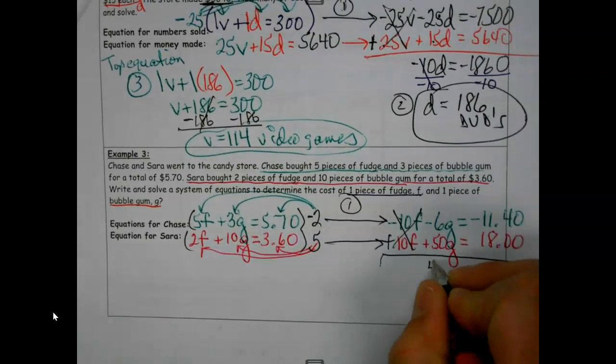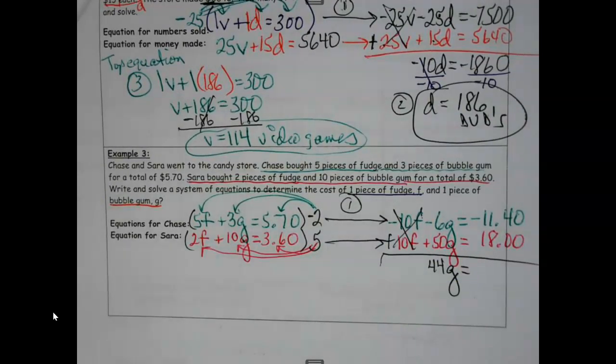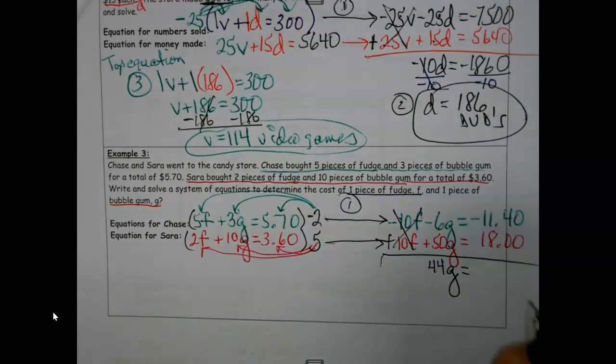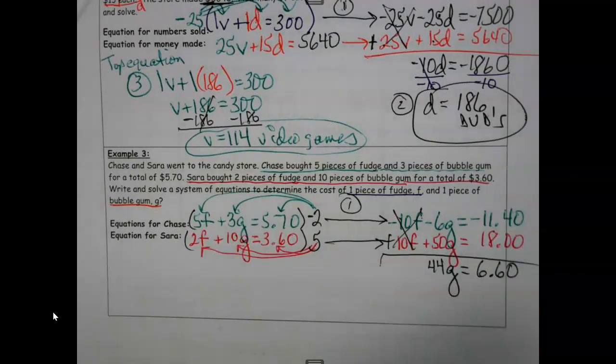Negative 6 plus 50 is 44g. Watch those signs. And negative 11.40 plus 18 is 6.60.